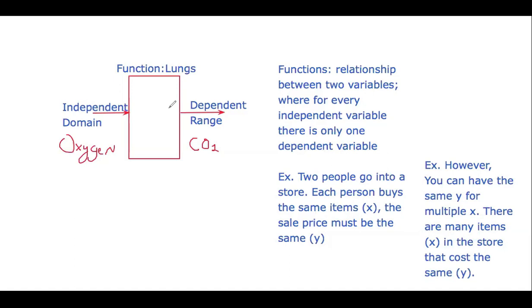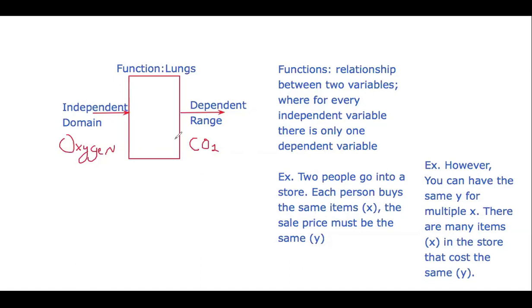So the independent part of our function is oxygen, and it comes in and our lungs process it and do something. And that's what functions do. They take what you put into the function, do something with it, and then give out a result. In our lungs' case, it gives out CO2. So independent values come in, dependent values come out.